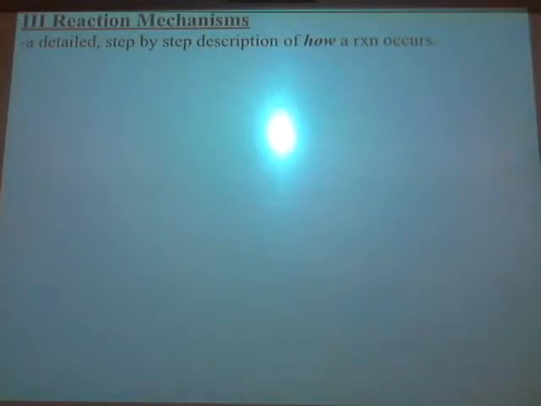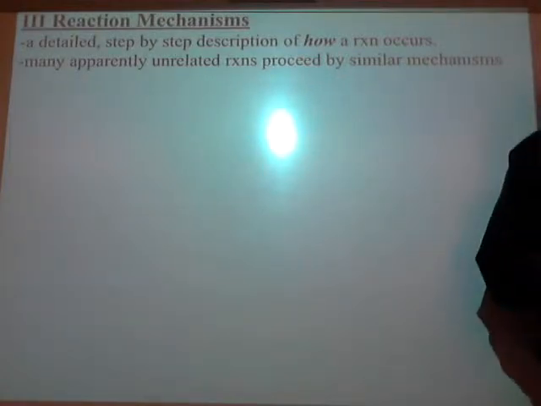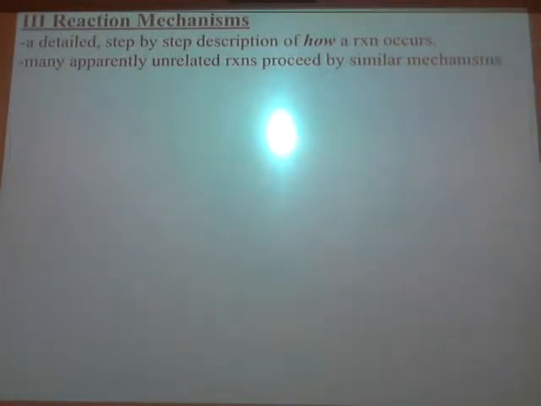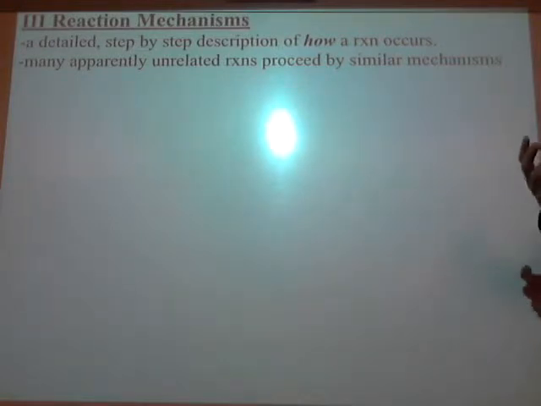There's actually 2 reasons. The first reason would be unrelated reactions, some that you would think are unrelated, actually proceed by a similar or the same mechanism. There's quite a few reactions actually on that sheet of 25 reactions that would have gone by the same mechanism. Now this makes life a lot easier for memorization, for actually understanding what's going on and then applying that knowledge so you don't have to memorize 40 reactions, each one as an individual entity.